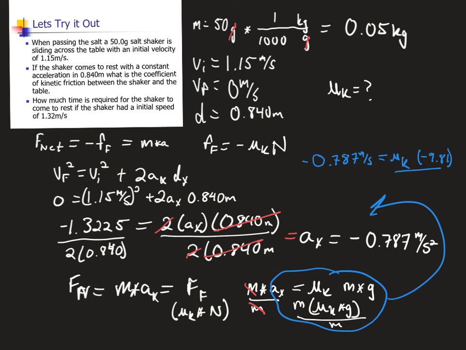And so I'm able to divide both of those, and the labels should cancel out as well.